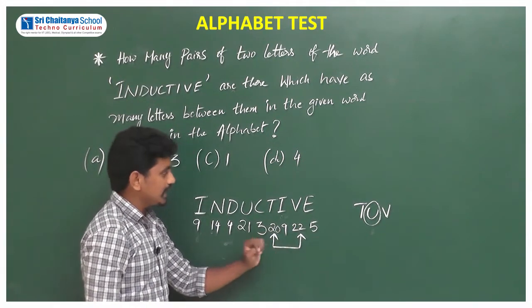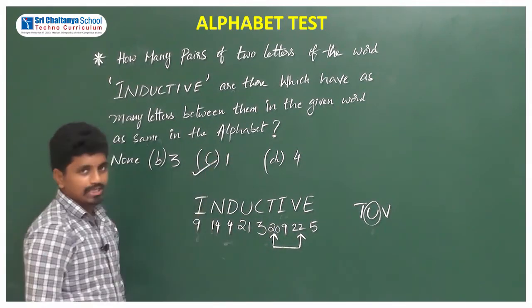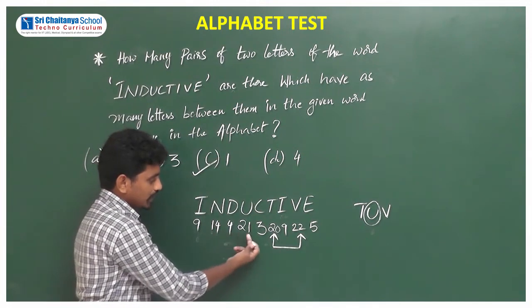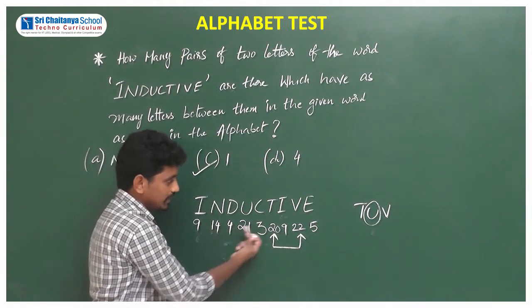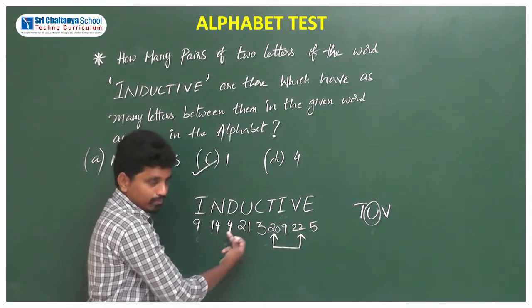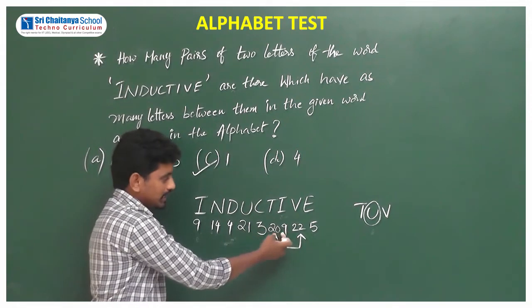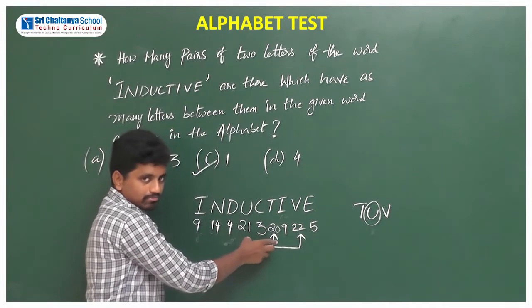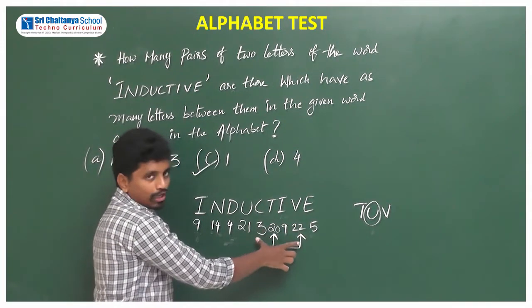So how many such pairs are there? If you observe, only one pair is there. For 14 and 4, no. 14 and 21, more letters. 14 and 3, more letters. 14 and 20, more letters. 14 and 9, this is only 4 letters, again I should get some more letters in between 9 and 14. 14 and 22 must have some 7 letters, and 14 and 5 there must be more letters.